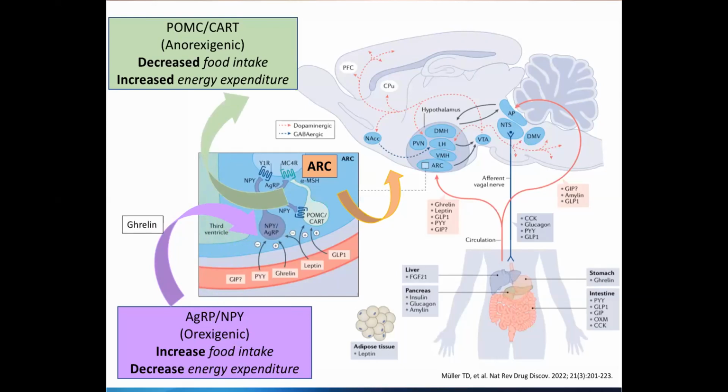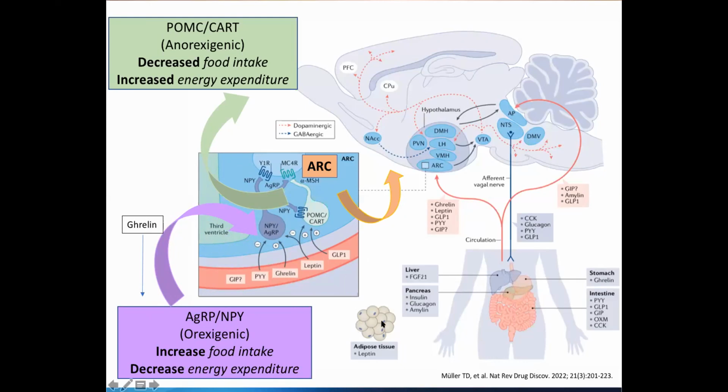So these neurons are then inhibited or stimulated by peripheral signals. Ghrelin is the only hunger hormone, which basically stimulates AGRP and NPY. And ghrelin, being the hunger hormone, is highest just before a meal and stimulates appetite and hence increases food intake.